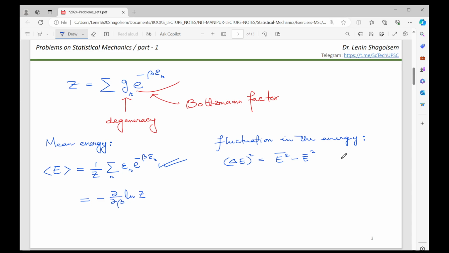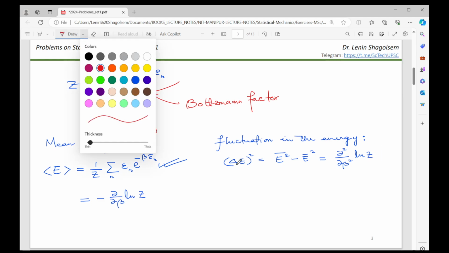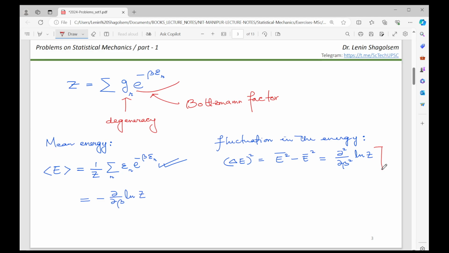So this turns out to be the second order derivative of the logarithm of the partition function. These are the few expressions that we have to remember while solving these problems. So these are the expressions that we will be using.